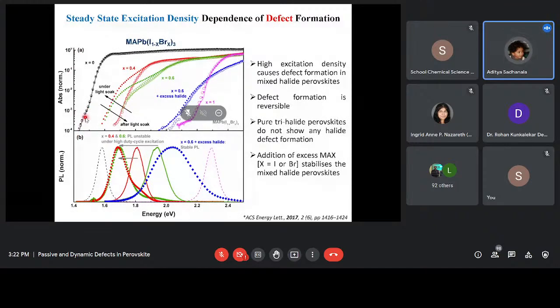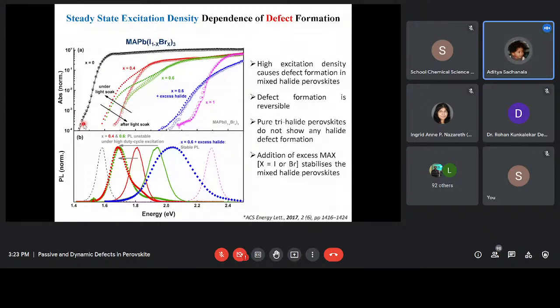Now, what we find is for this black curve here, you see that you basically have these hollow dotted lines. That is the absorption when you measure before any solar illumination of the sample. When you illuminate the sample with solar light, you measure the absorption as a solid dotted line, which happens to be the same as the absorption without any solar illumination.